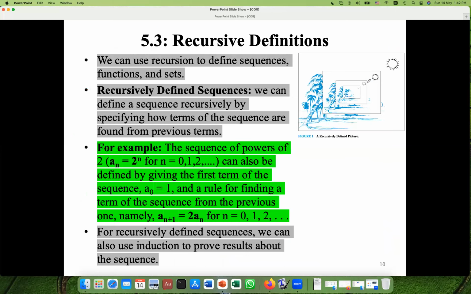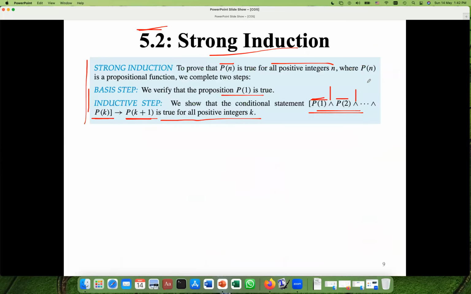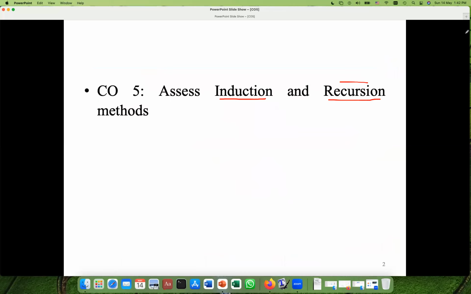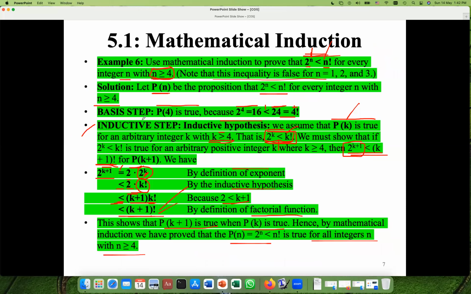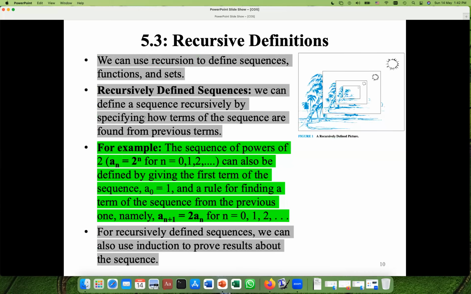Anyhow, now recursive definition. Before going on to the actual topic of recursive methods, which according to the CO means recursive algorithms, we are going through this introductory stuff. Recursive definition.